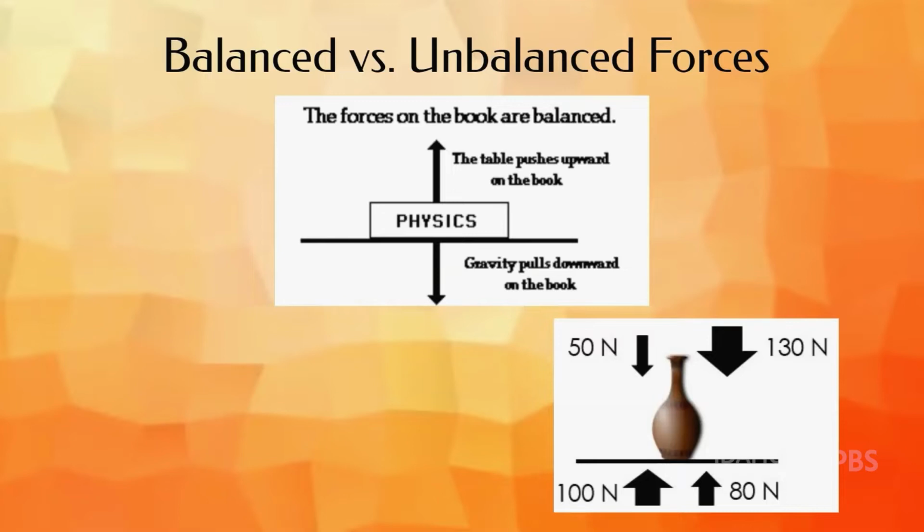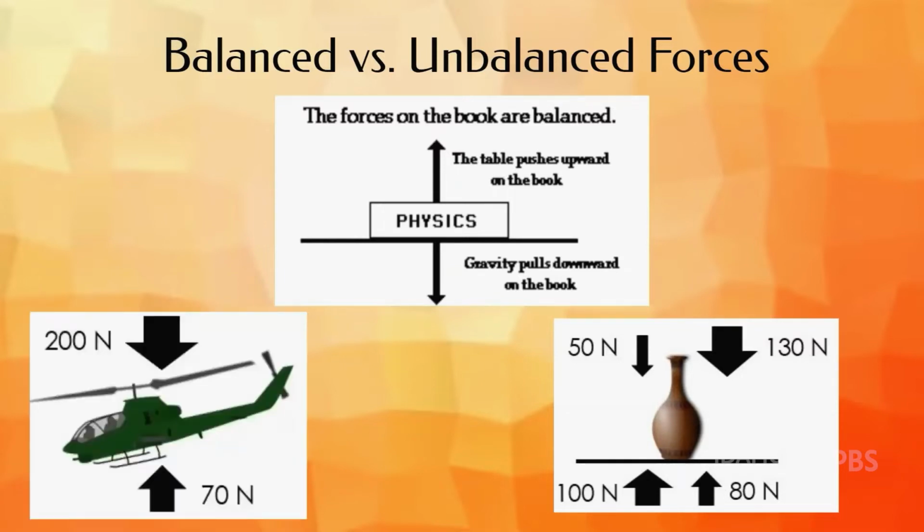So the gravity pulling downward is equal to 180, and the force on the shelf going upward is 180 as well. 180 is equal to 180, so our forces are balanced, and our vase isn't going to fall off of the shelf. Let's go on to one that shows some unbalanced forces here.